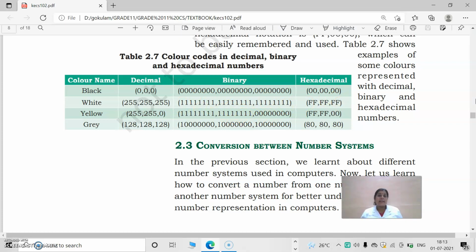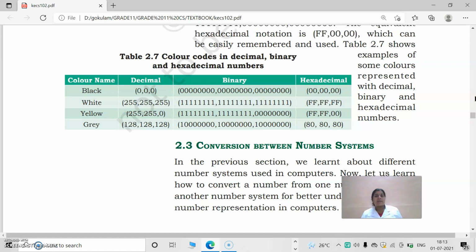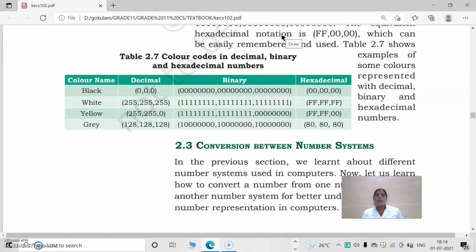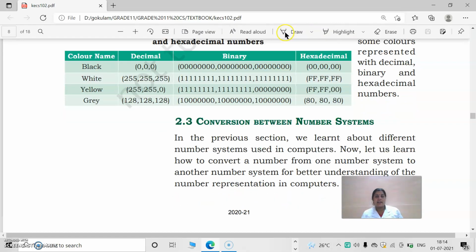So we can remember easily by using hexadecimal representation. In Paint and Word, we use this type of number system. We can change the color by changing these numbers when we are drawing something. Black uses 000 because, as we studied in physics, the intensity of red, green, blue is low in black and high in white.